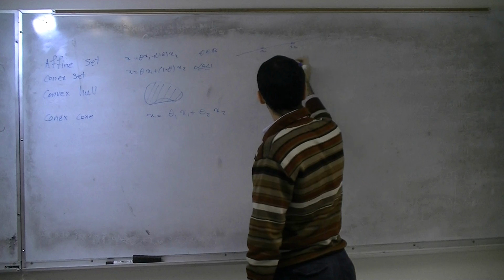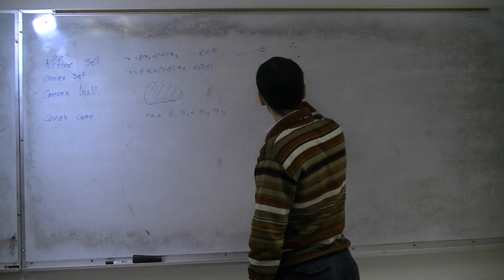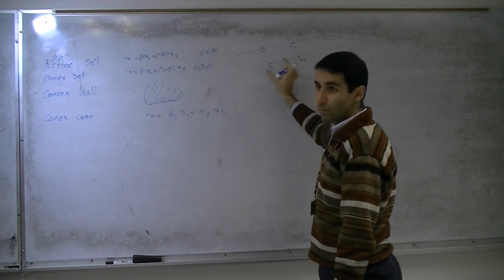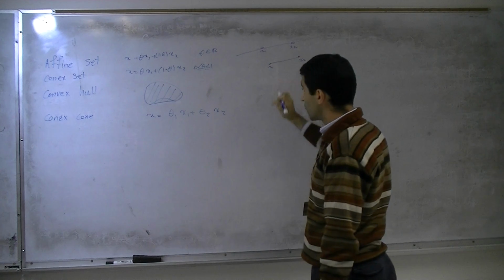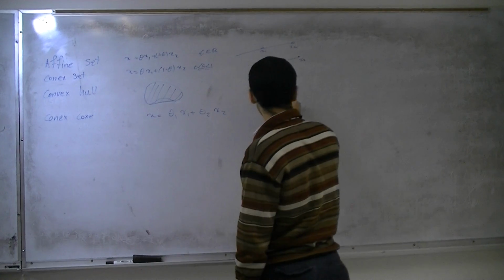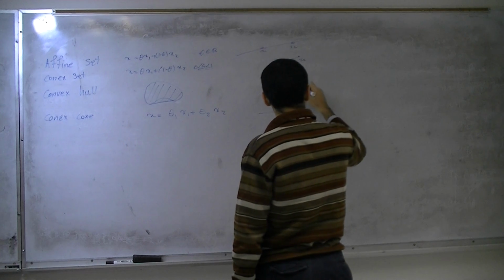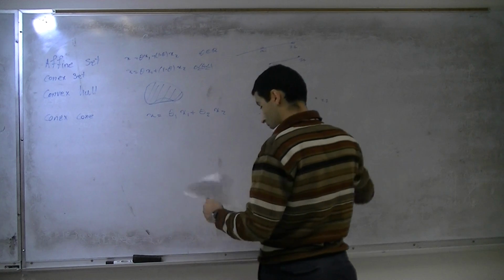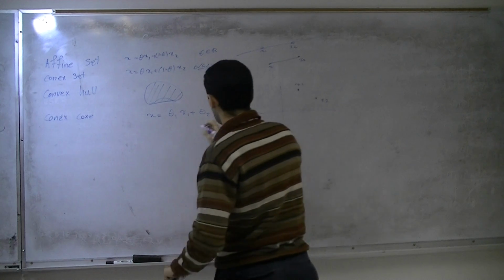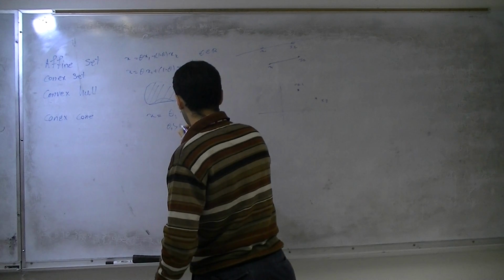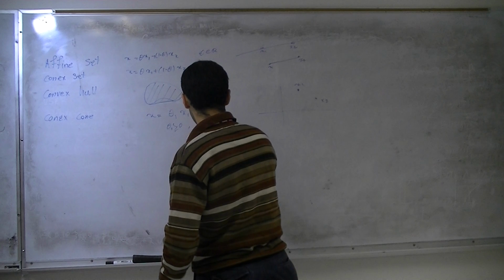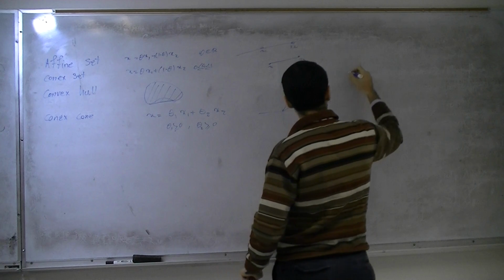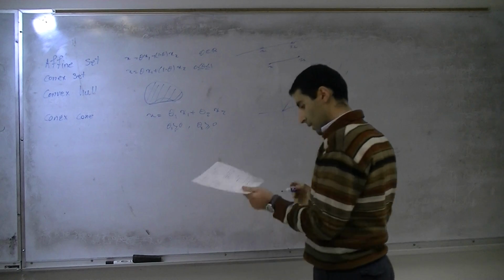The convex set is all points between these 2 points, the convex hull too, and the convex cone is, for example, if we have x1 and x2, this.